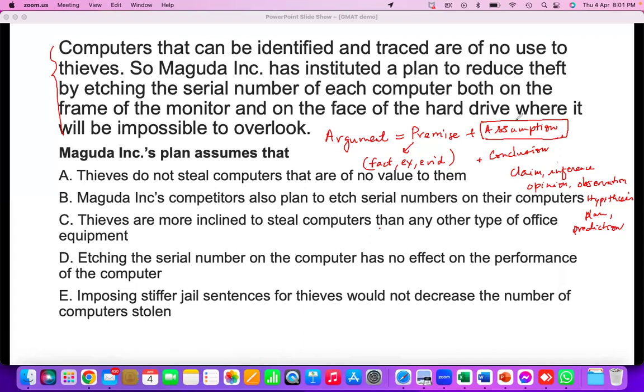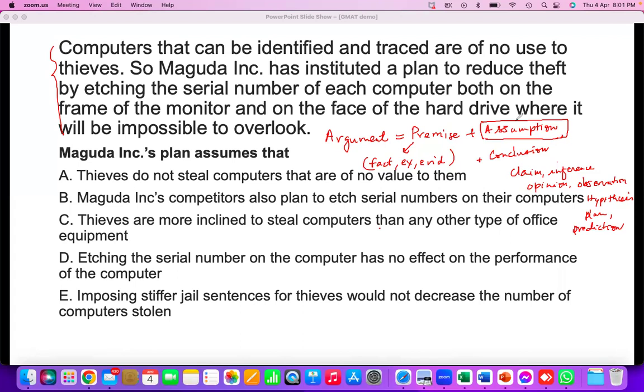Anil Kapoor is main character, hero of the movie, fine, and he is invisible. So he is invisible for characters, and for audience, he is there. So it is something like he is there but not there. That way, assumption is. It means assumption is unwritten portion of the argument. It is not written, it is never written. It is always there in author's mind. Got it?